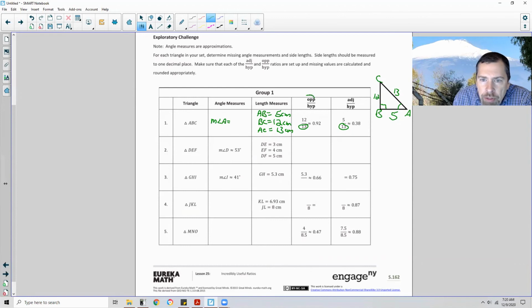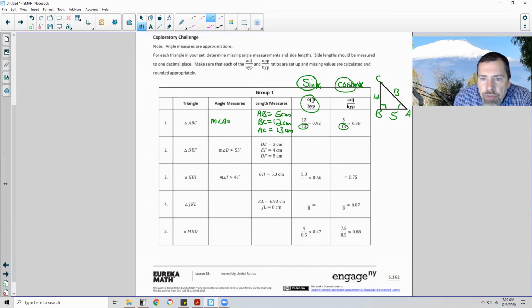Well, opposite over hypotenuse in trig is called sine. Okay? And adjacent over hypotenuse is called cosine. So we use an abbreviation when you don't use the letter E. And in cosine, we don't use IN either. So it's just sin and cos.